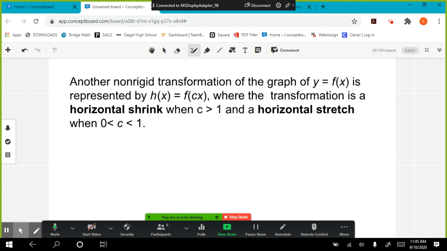When c is greater than 1, so if I put something like this, h of x equals, in parentheses, 3x squared, the c is greater than 1, that is going to be a horizontal stretch. And it's going to look very similar because of the way a parabola is. That means if I had here my normal parabola, horizontal, if I took the sides of the x-axis and pulled them apart, it would stretch it out like this.